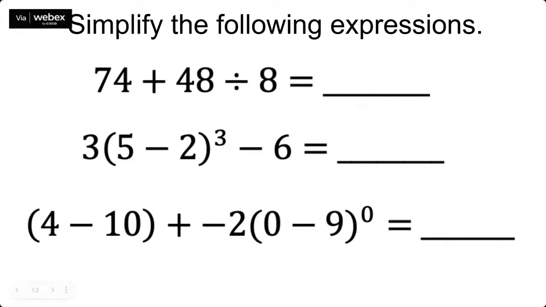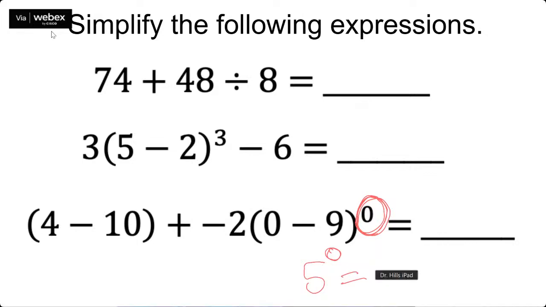Just as a side note, write this down, please. Anything to the 0 power. I'm not going to tell you. I want you to put it in your calculator. Do 5 to the 0 power and tell me how much does it equal. Use your calculators. What is 5 to the 0 power?